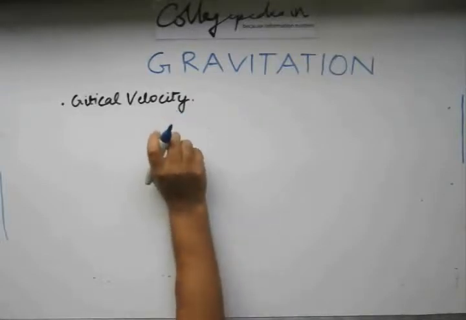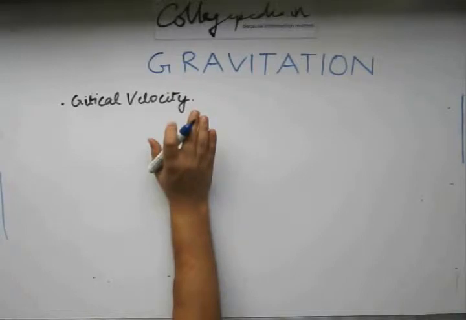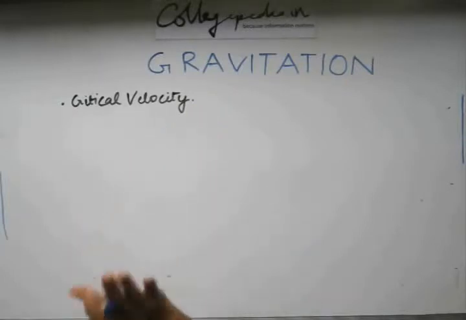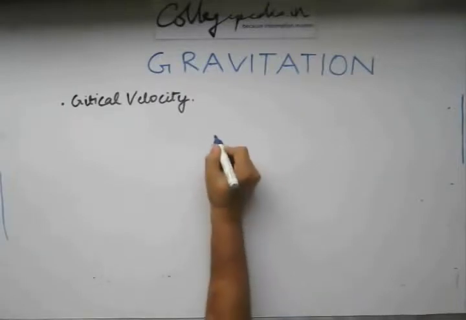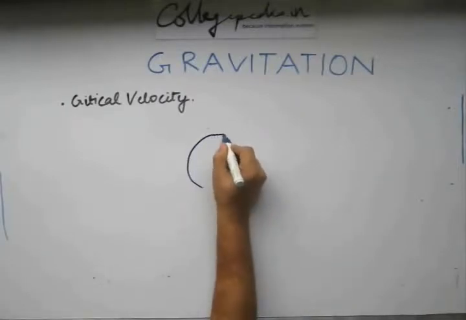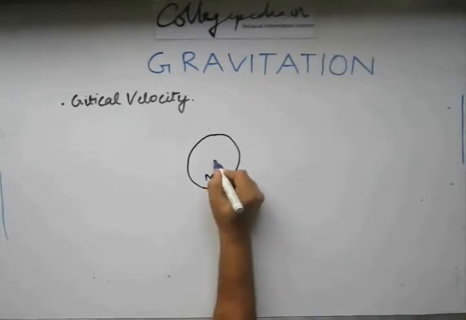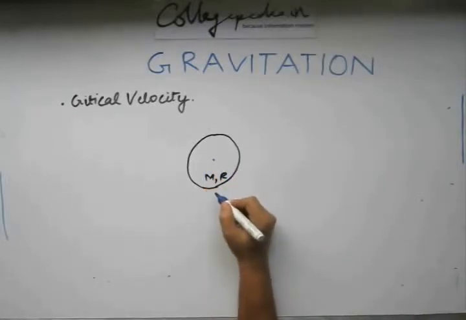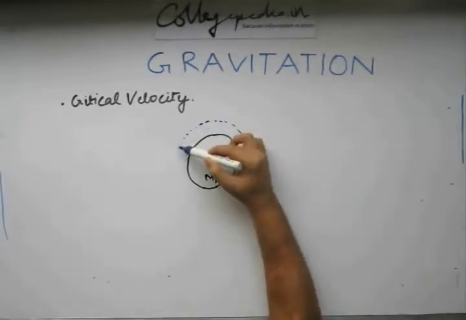Critical velocity is basically the velocity required for any body to move in a circular orbit around a planet, which is basically for a satellite. So this is the velocity which is needed by any mass to move around in a circular orbit. Let's say this is Earth or any other planet. We need a velocity so that it can move around in a circular path like this.